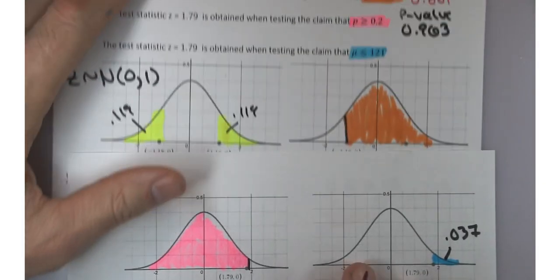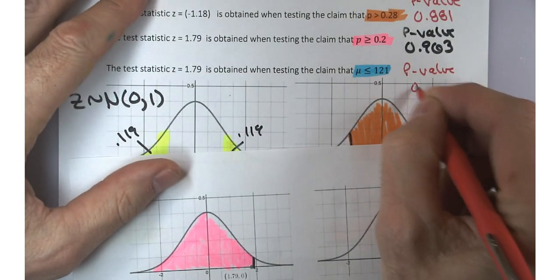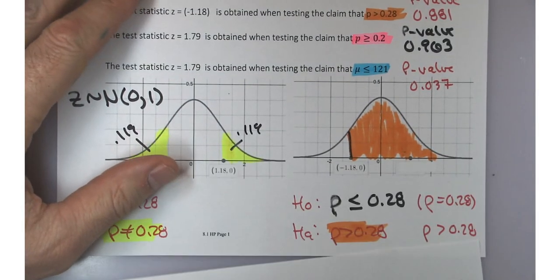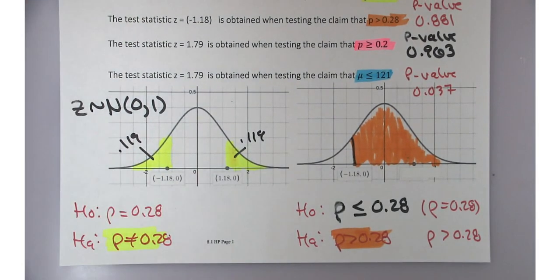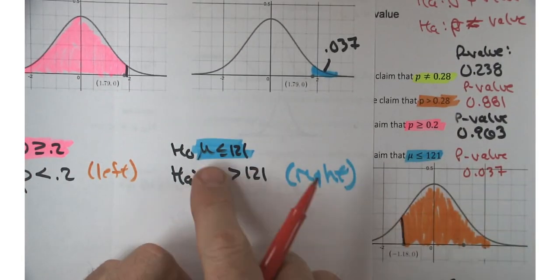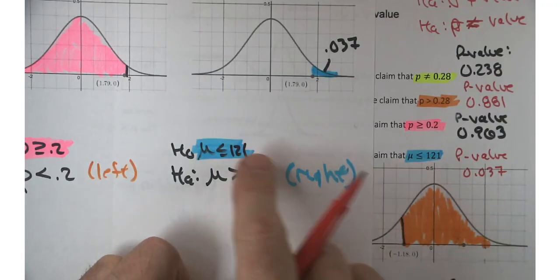I have a question. Yes. Is there a reason why you're highlighting one over the other? I think I missed that. What do you mean? Oh, these, yeah. This statement ended up here, so I'm just showing you where that statement went. It had equality in it, so it went into the null hypothesis.